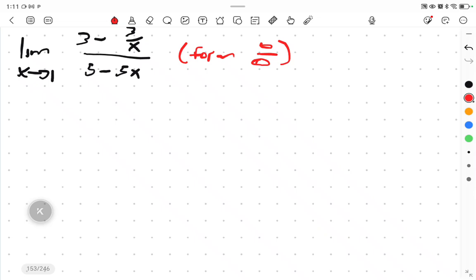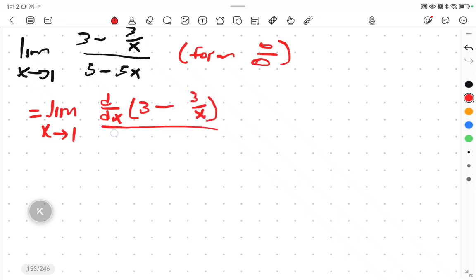So every time we solve these questions, I'd like us to write the form. You write what form this is inside brackets. And then, if we are in this format, it means that we can apply L'Hopital's rule. You see, right? It means that I can derive the numerator and denominator individually, all over.